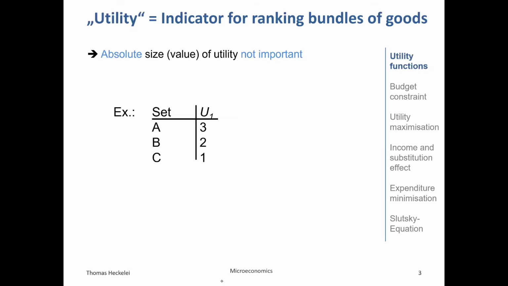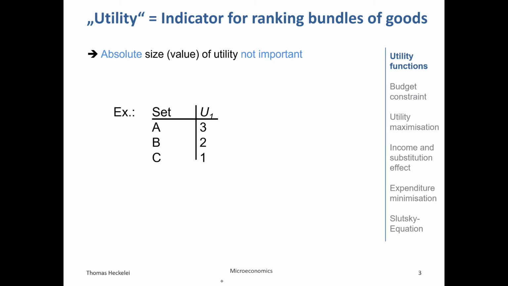Now, utility, the first part, is about preference. Utility is an indicator for ranking bundles of goods, and its absolute size or value is not important. Why? Let's see by the example below. Assume we have three sets of goods, A, B, C. A person ranks these baskets according to his or her preference.